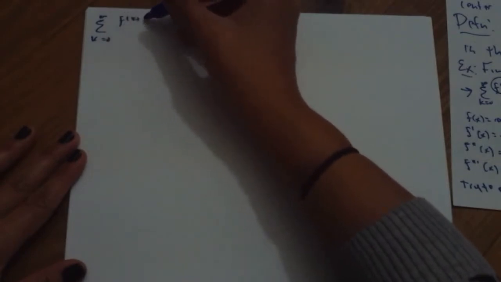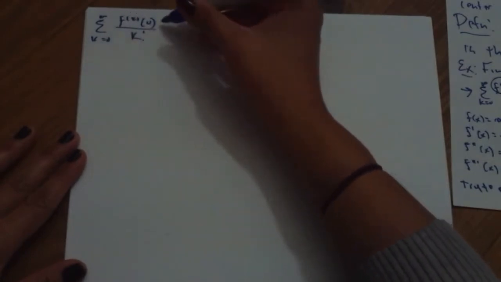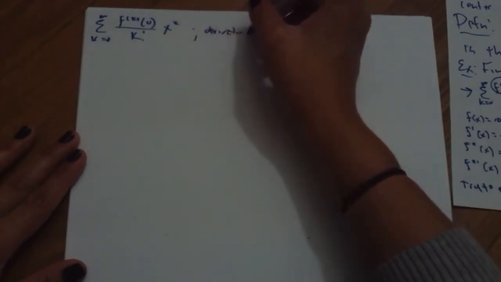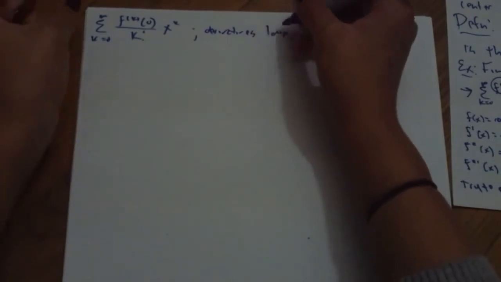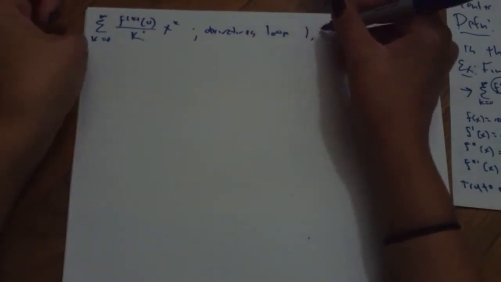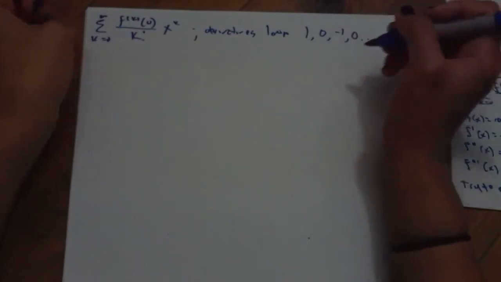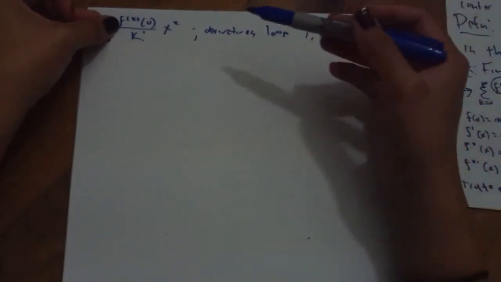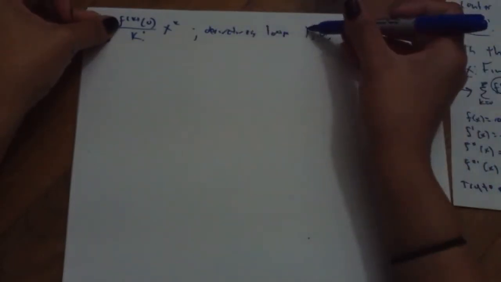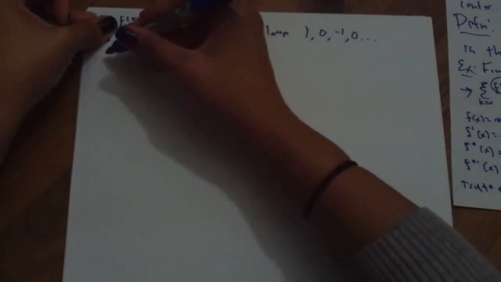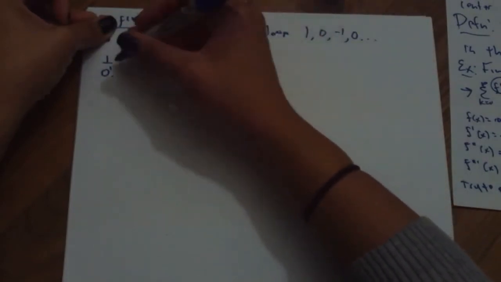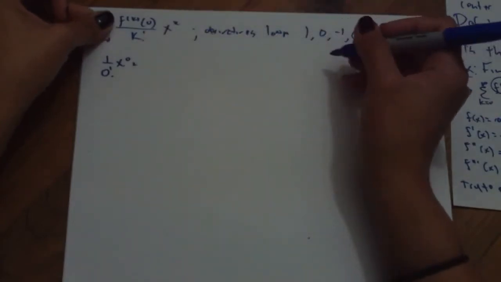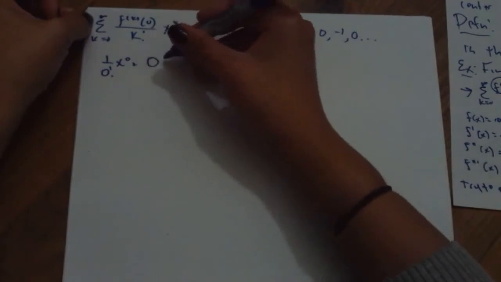We want my derivatives at 0 over k factorial x to the k, and you know that your derivatives loop, right? They go 1, 0, minus 1, 0, etc. So when I plug in 0, this is going to be my 0 derivative over here, 1 over 0 factorial, x to the 0, plus, if I plug in k equals 1, there's going to be nothing.